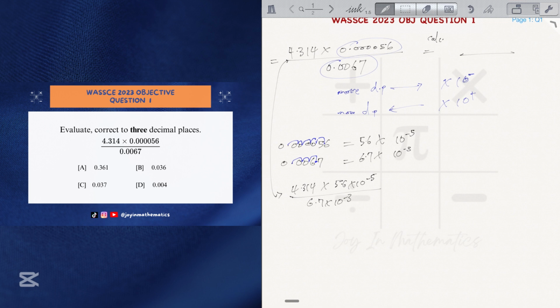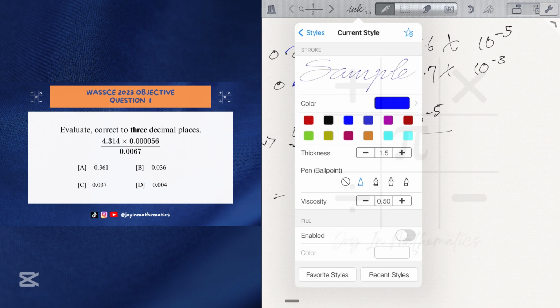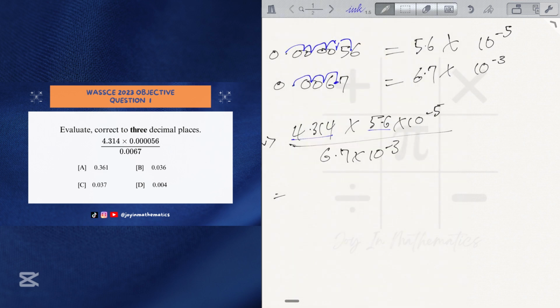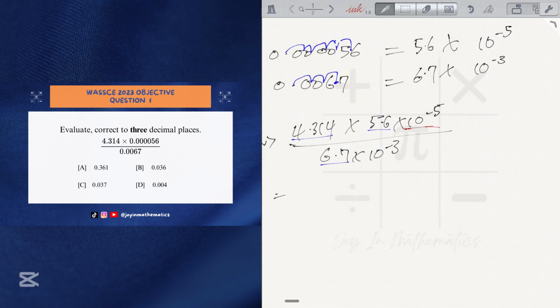Now we can say that indices is coming into play by itself. So we can now divide this into 2 such that we will take the numbers and then we will take the powers of 10 together, then we'll apply indices to it.